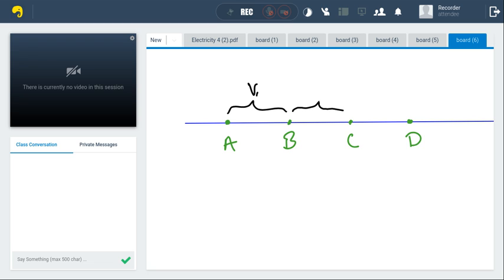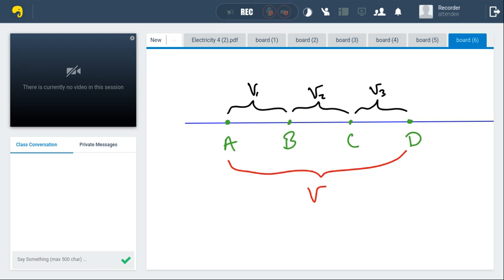That's V1, V2, V3. And then we might look at this as a total voltage V.